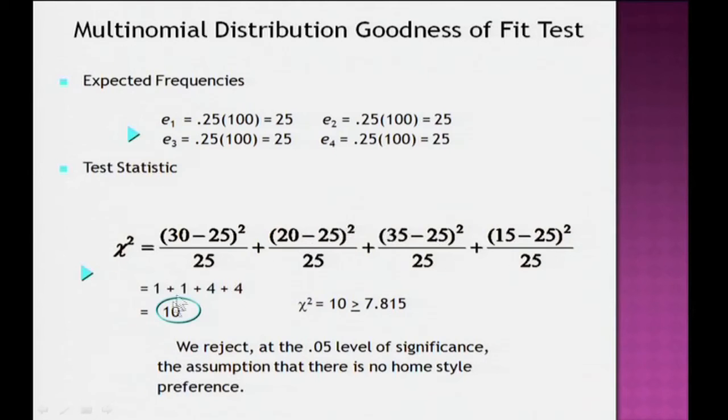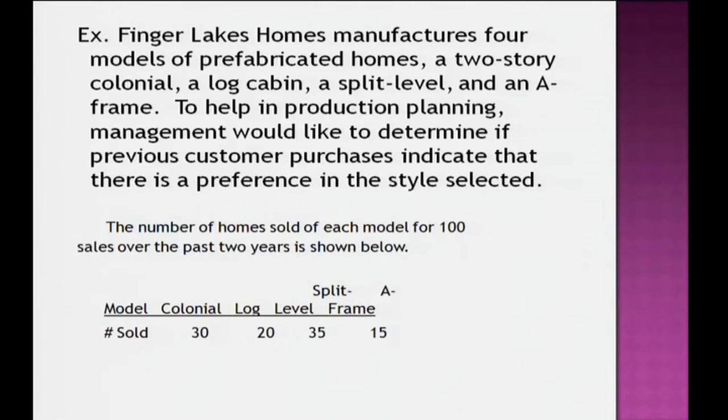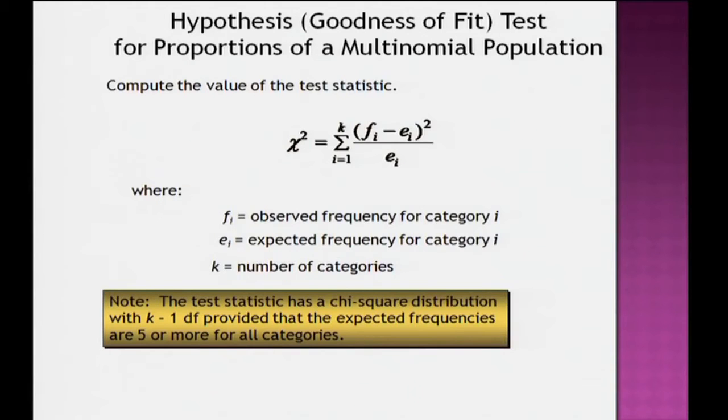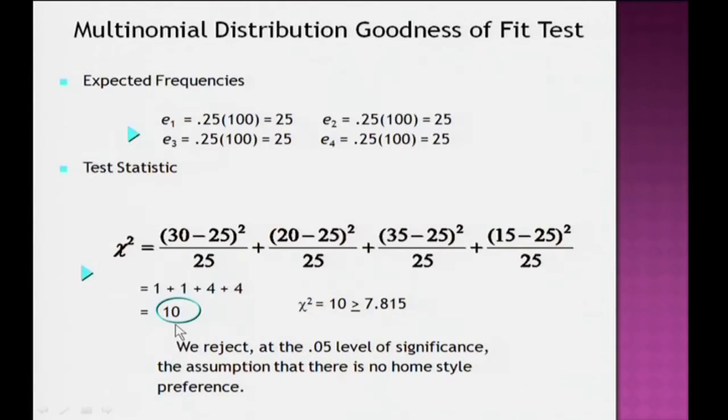Keep adding them, and it comes out to be 10. Chi-square calculated is 10, right. Then, how many observations were there? We had data of 4 proportions, so k is 4. When the number of categories is k, degree of freedom would be k minus 1. Here degree of freedom would be k minus 1, meaning 3.